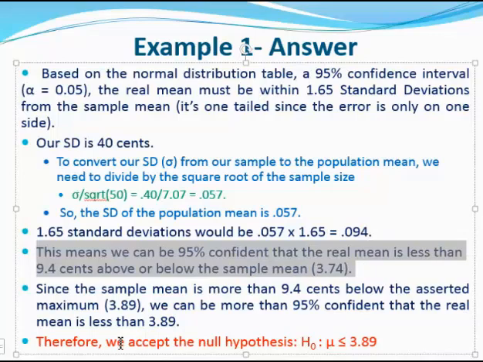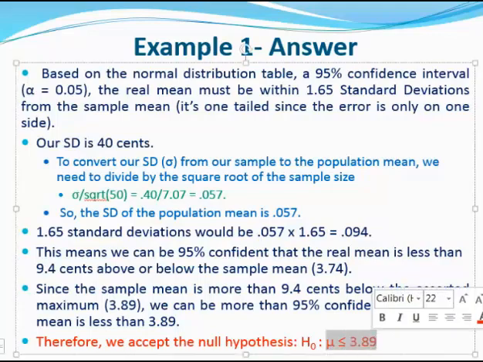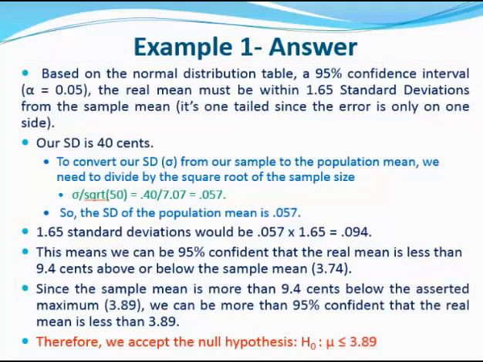And since the sample mean is more than 9.4 cents below the asserted mean, the H0, 389, we can be more than 95% confident that the real mean is less than 389, and therefore we can accept the null hypothesis that the real mean is less than or equal to $3.89.